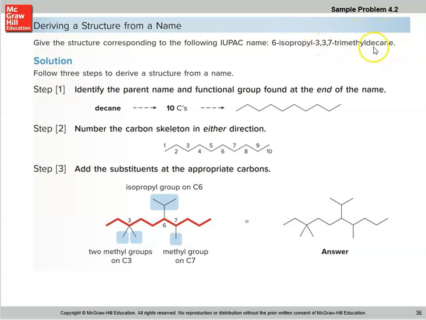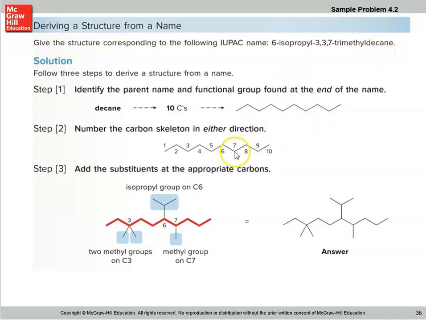First step is to look for that backbone, decane, and draw that decane. So we're going to draw a line starting on the bottom corner: methyl, ethyl, propyl, butyl, pentyl, hexyl, heptyl, octyl, nonyl, decyl. That's the 10. So that's the base, that's the parent chain.